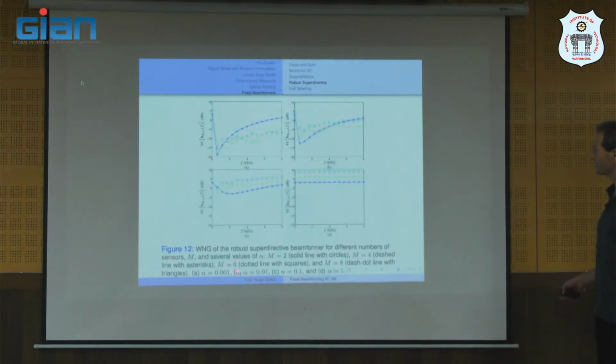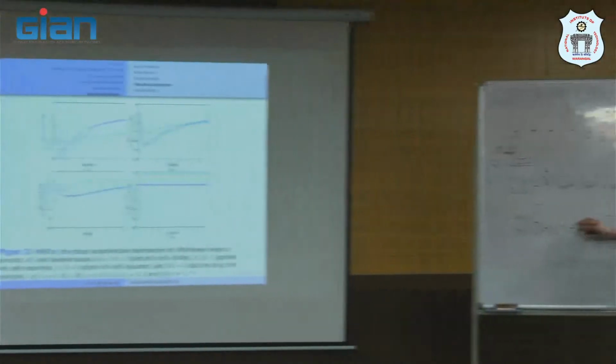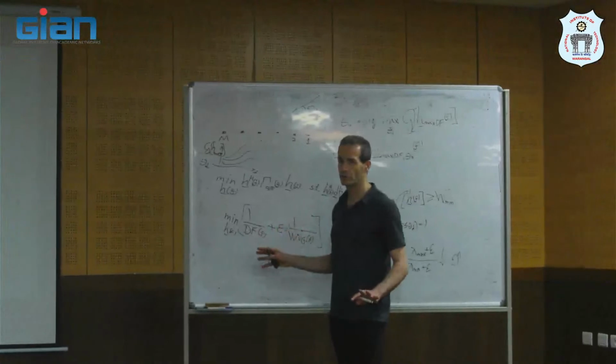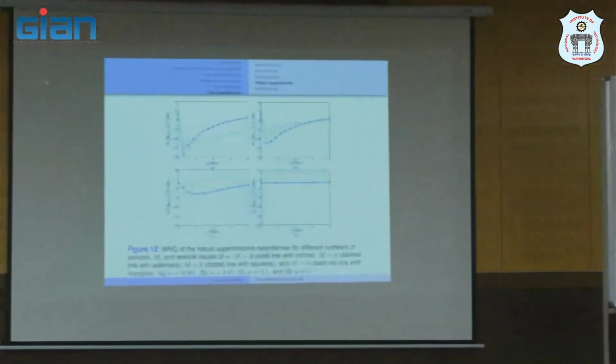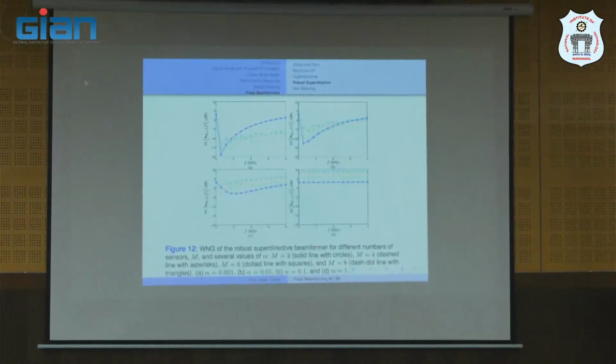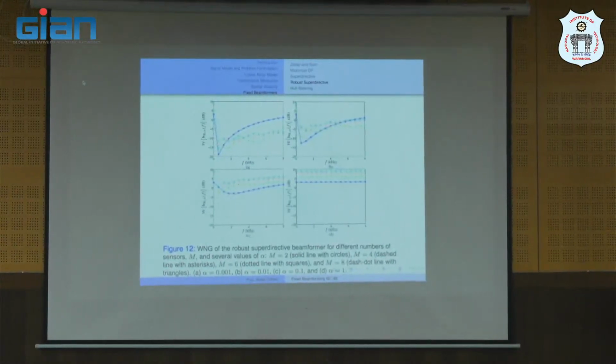If we increase alpha, it means we give more weight to the white noise gain, so it increases. And if alpha equals 1, it means that we only optimize the white noise gain. Directivity factor, we don't care. So when alpha equals 1, we obtain the beamformer that maximizes the white noise gain, which is the delay and sum.